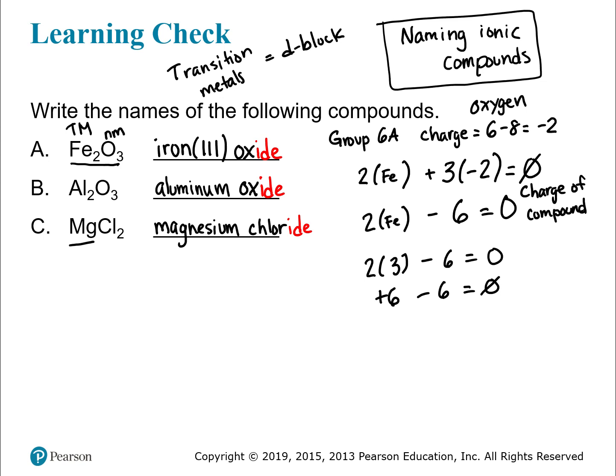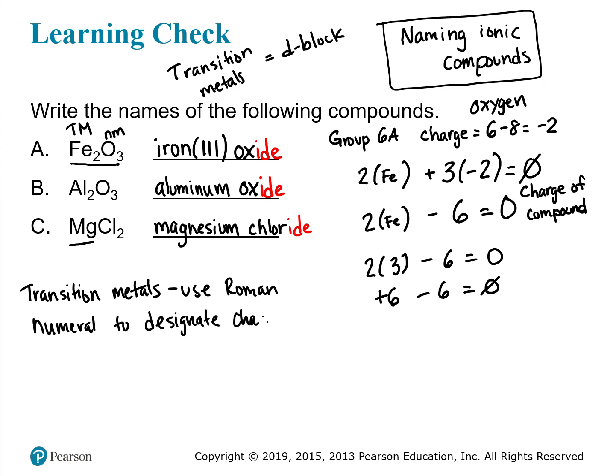Yes, there are some exceptions, but we'll talk about that a little bit. So transition metals use a Roman numeral to designate the charge, except for zinc, cadmium, and silver.